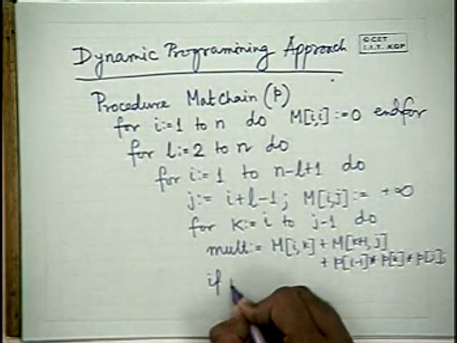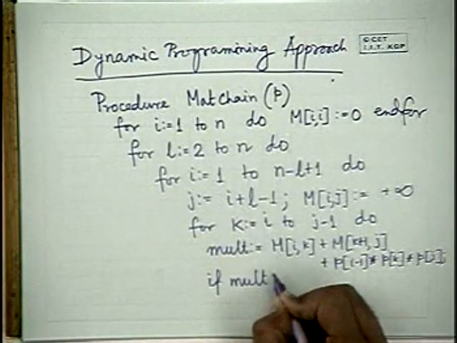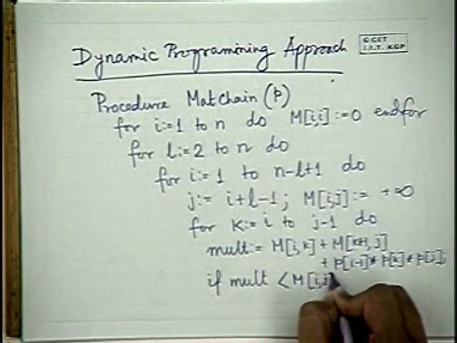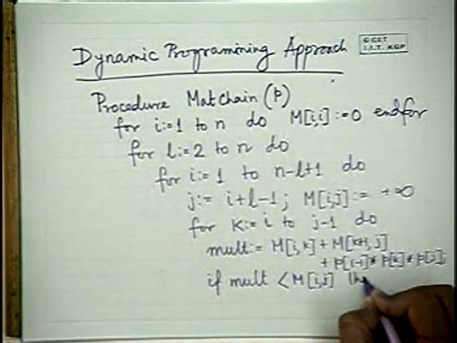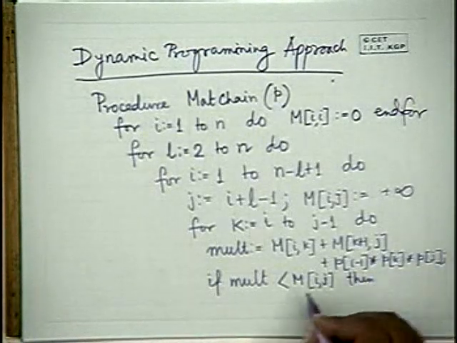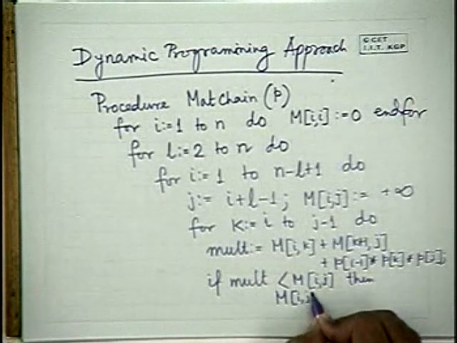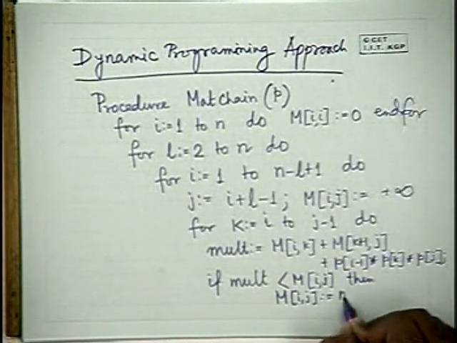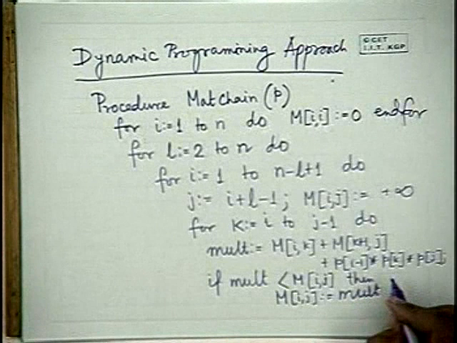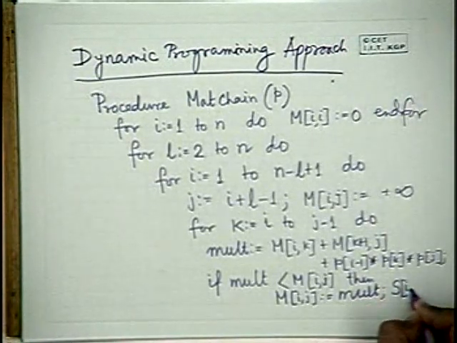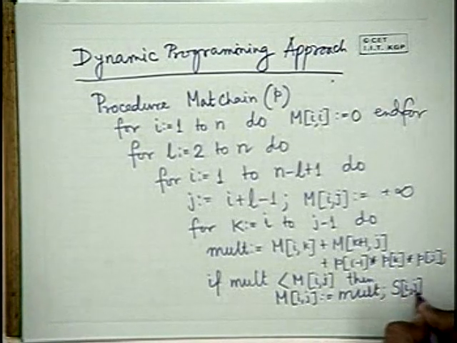If mult is less than m of ij, then mij is equal to mult, and I'll tell you later what this S is, there is another array, what does that do.